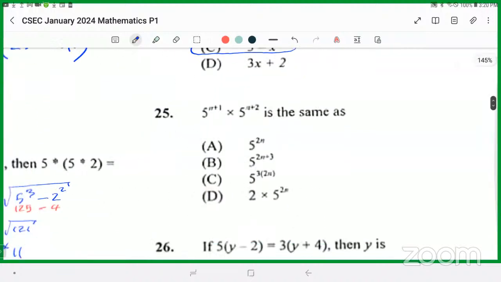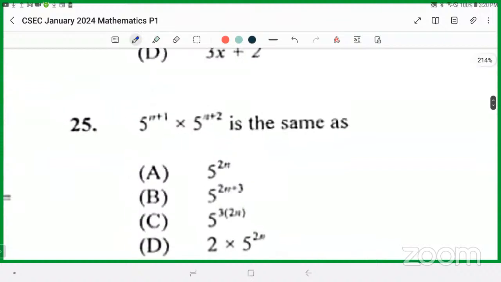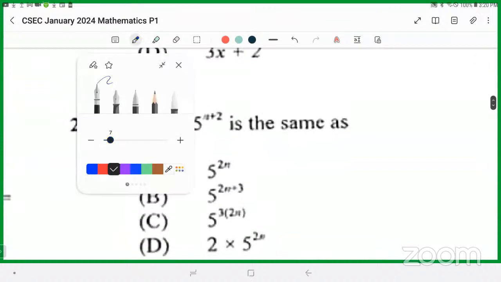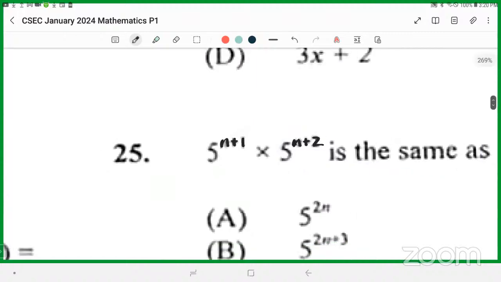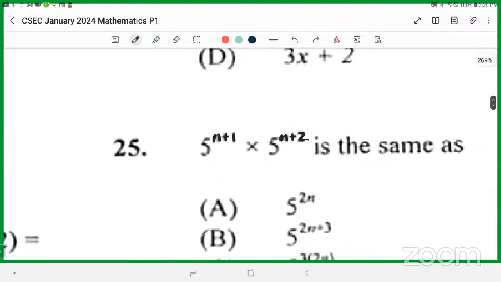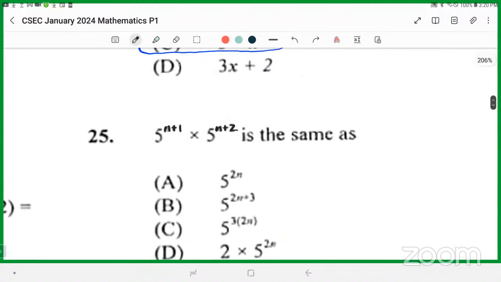Next one, got it. Let's write it out. This is 5 to the n plus 1. And this is 5 to the n plus 2. When you multiply numbers with the same base, you add the powers.